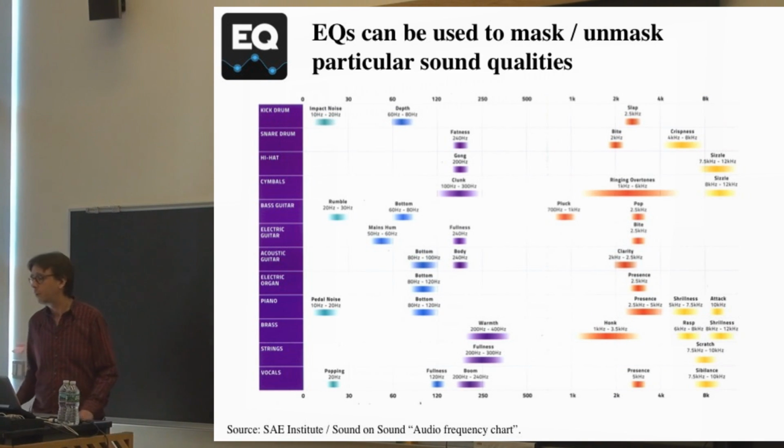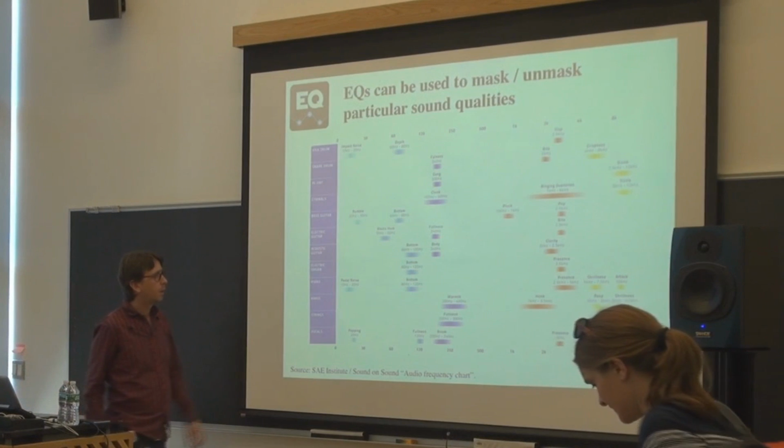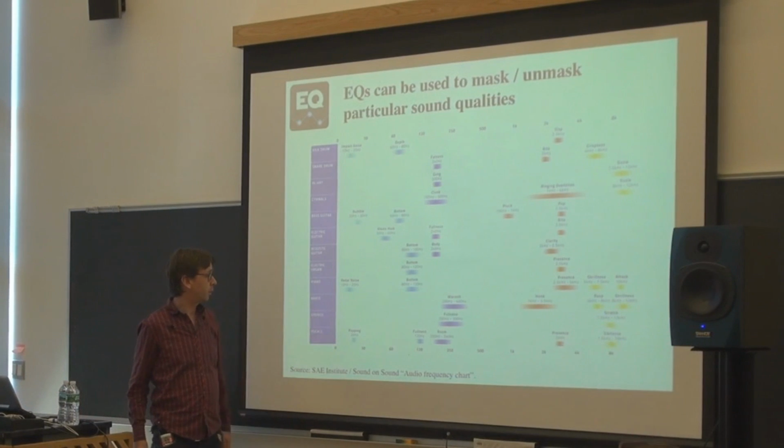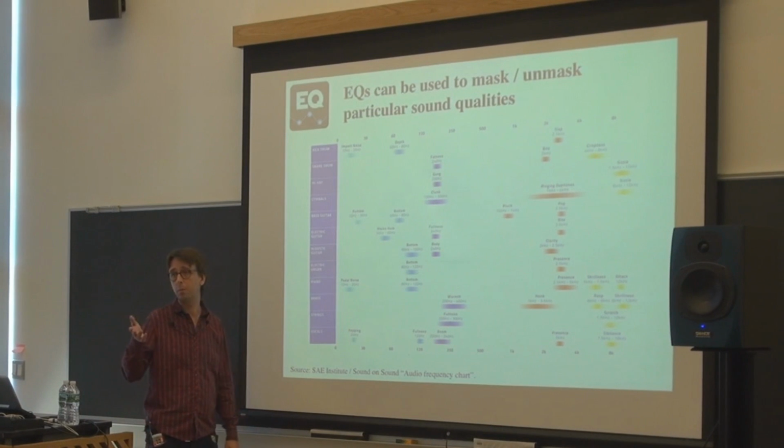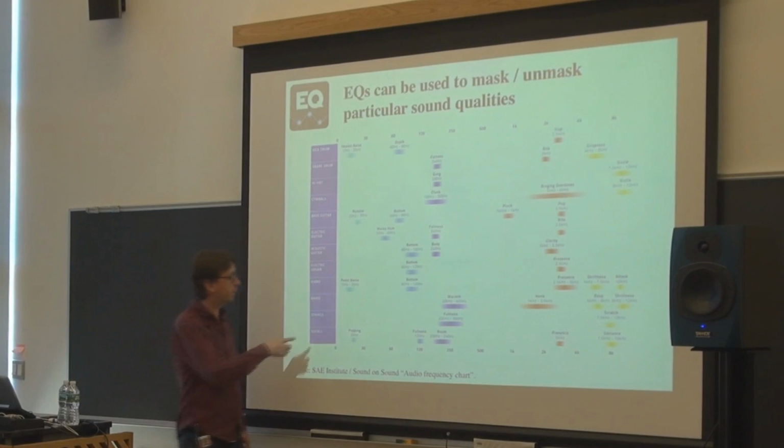So this equalizer can be used to, this is a second kind of use. You can mask or unmask particular sound qualities. You've got names for sound qualities for each instrument. For instance, to answer your question, with a parametric equalizer, you can look for the fullness of the strings, let's say.